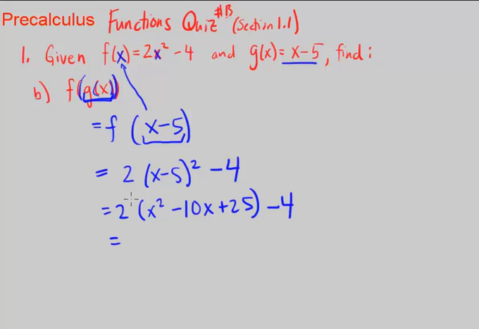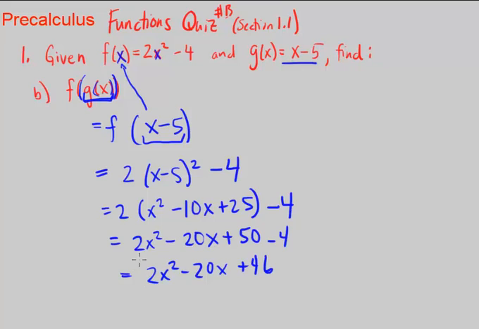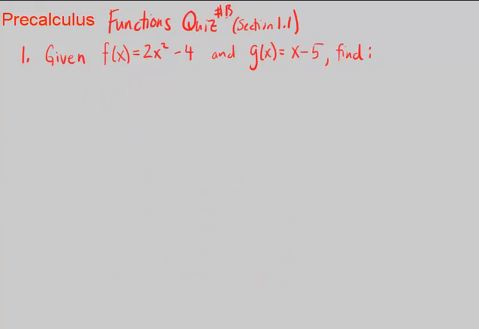You distribute that 2 in, so you get 2x squared minus 20x plus 50. Don't forget the minus 4. So finally we get 2x squared minus 20x plus 46. And this is our final answer because it's as simplified as it can get. So let's move on to the next part.